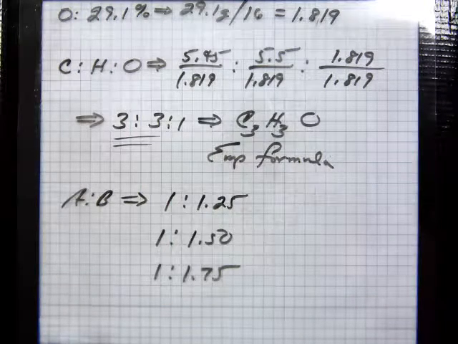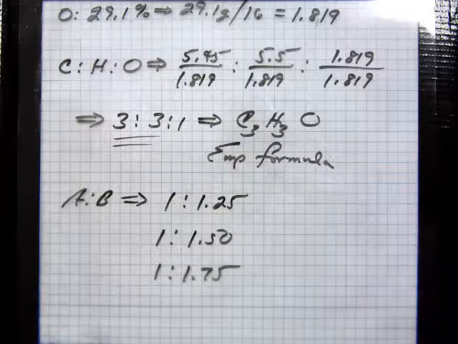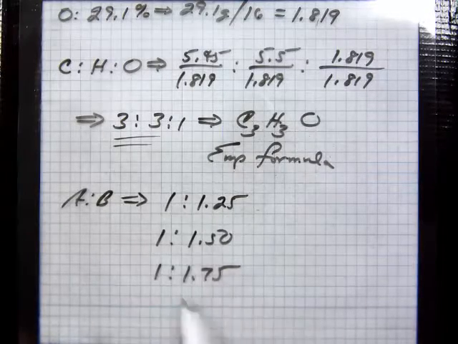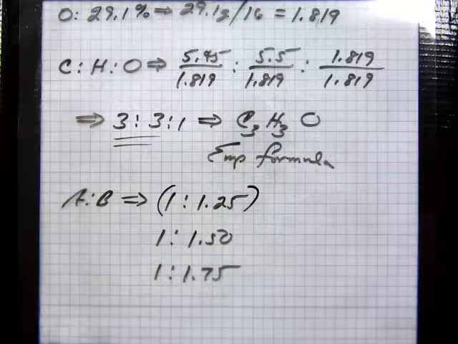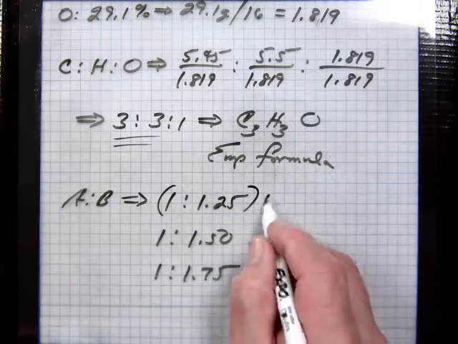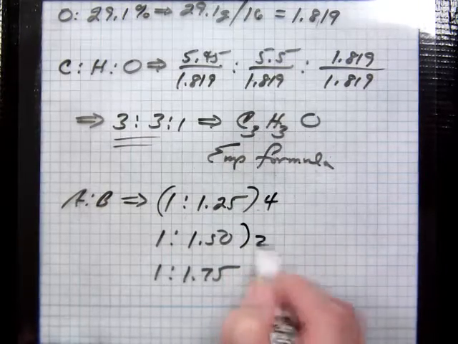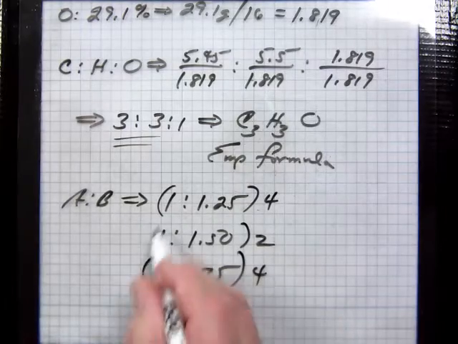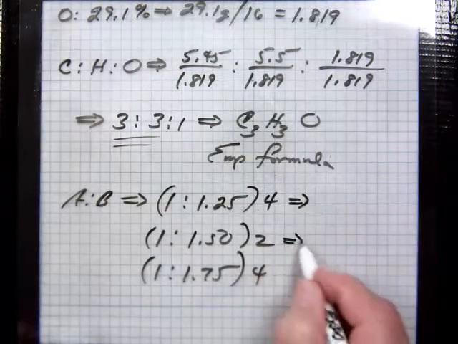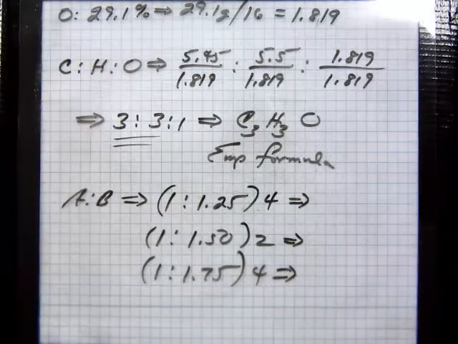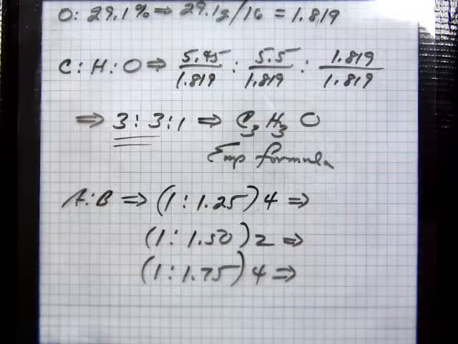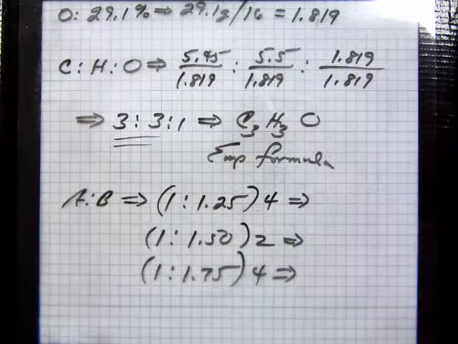So, you know, it's really a cut and dried deal. If this shows up, you are supposed to multiply by 4 on that one, 2 on that one, and 4 on that one. And that will convert it to the empirical ratio, because it's got to be a whole number. Reduction right there, okay?